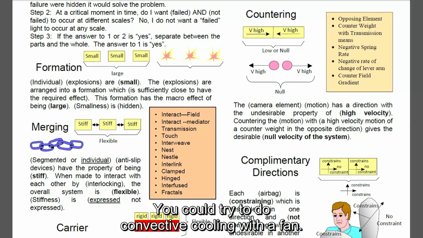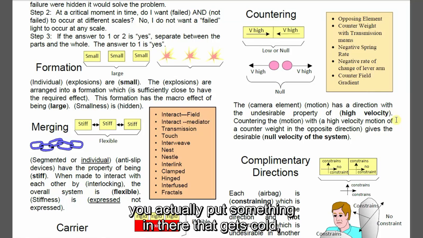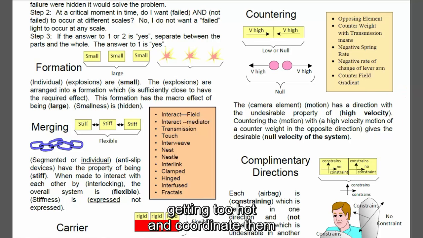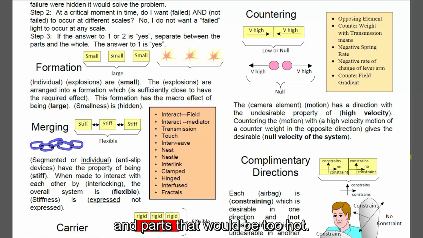You could try to do just sort of convective cooling with a fan, or you could do what's considered active cooling, where you actually put something in there that gets cold, such as a Peltier device, right up against the part that's getting too hot, and coordinate them so that the net effect of the overall system is acceptable, even if there are parts that would be, all else being equal, parts that would be too cold and parts that would be too hot.